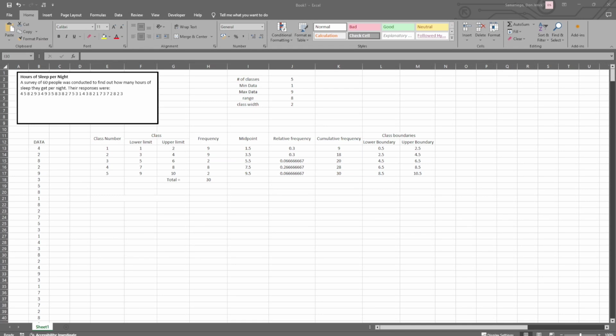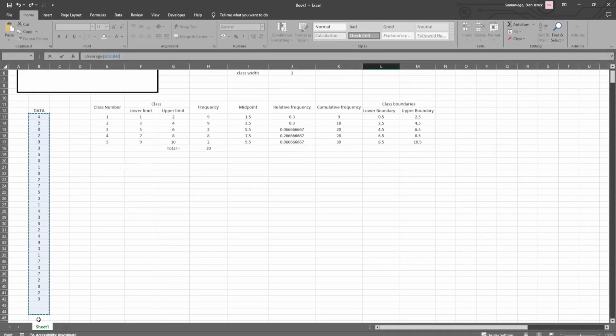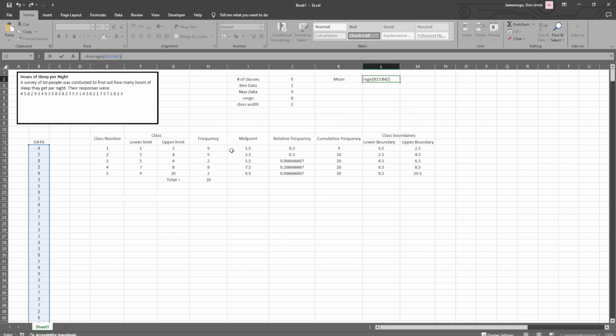Then next is to get the mean, median, and mode. To get the mean, this is simply equal to the average function, average of the data. The next is the median.